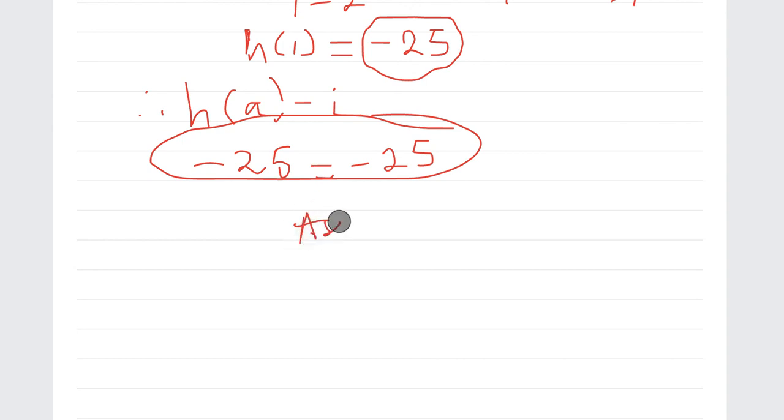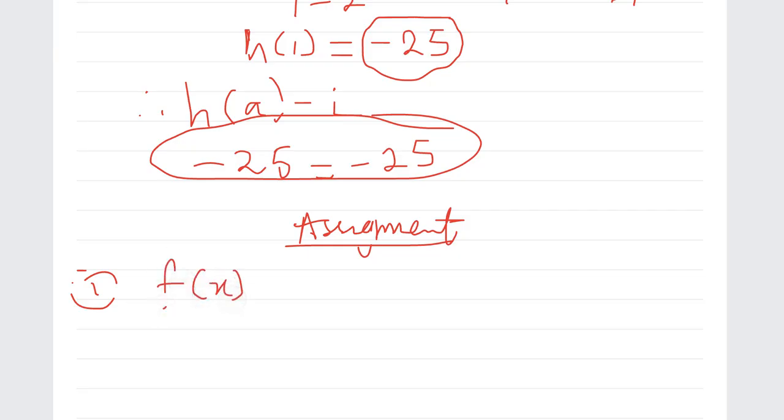So try this as assignment. Check if the functions are continuous. Number 1, f of x equals 2x plus 5 at x equal to minus 1.